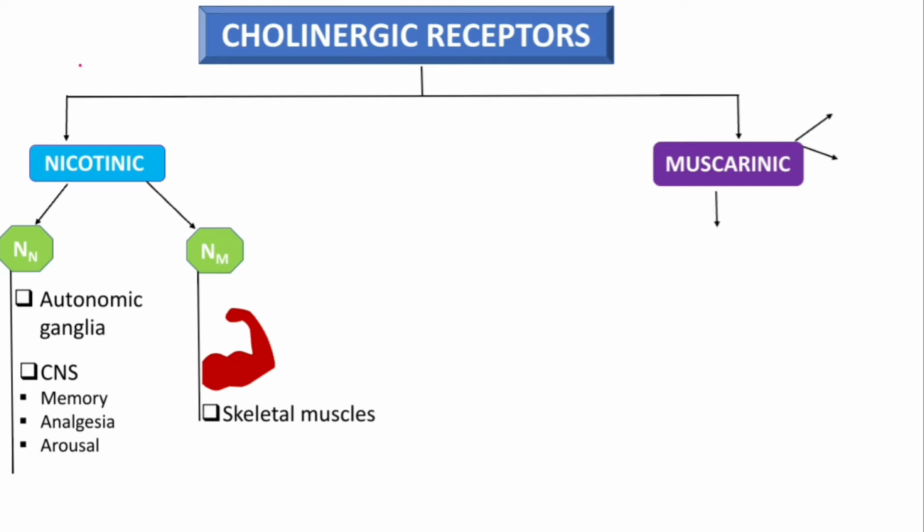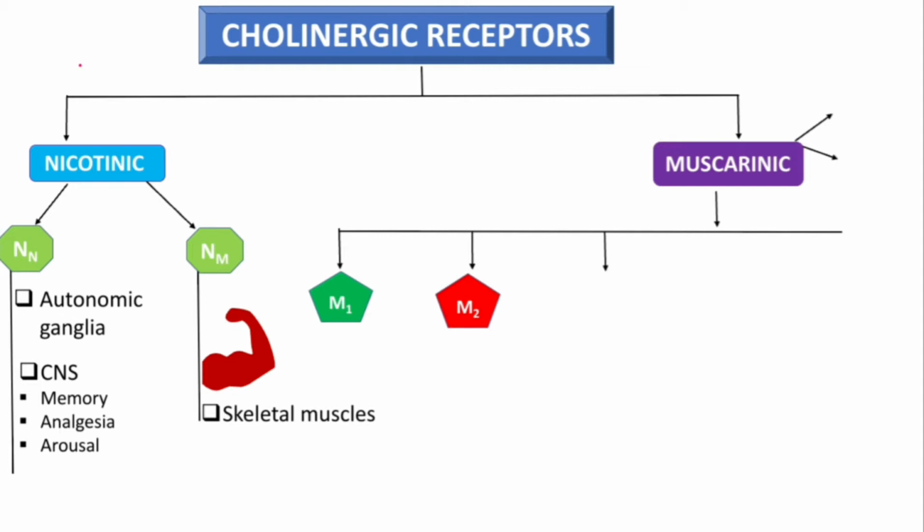These are divided into five: M1, M2, M3, M4, M5. Muscarinic receptors are also known as G protein coupled receptors or 7-pass receptors because they pass across the membrane seven times.